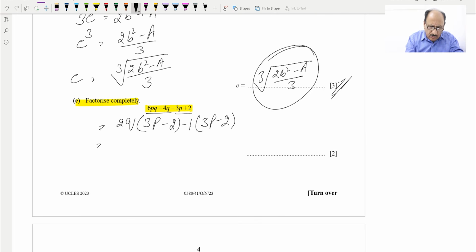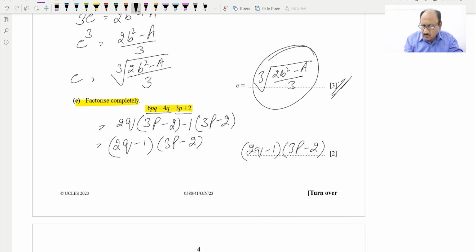And now we can rewrite this as 2q minus 1 and 3p minus 2. This will be our final answer for 2 marks.